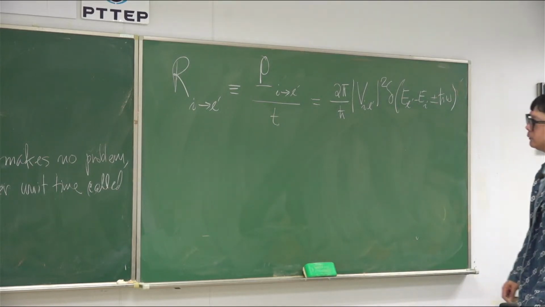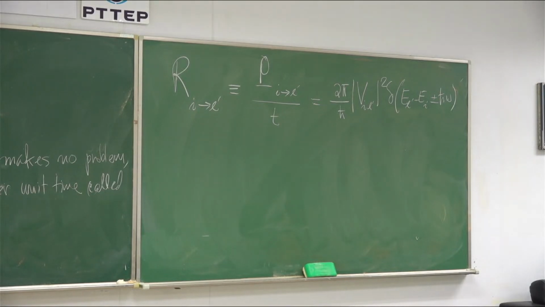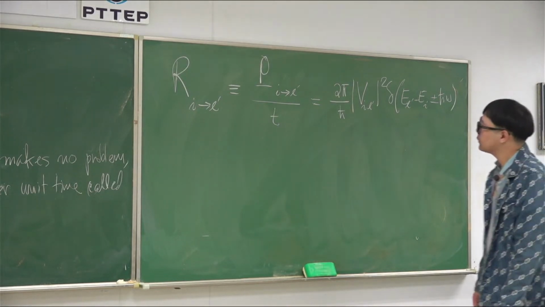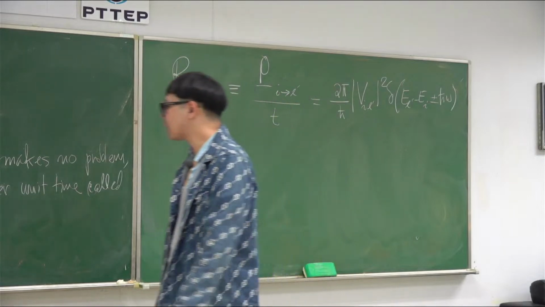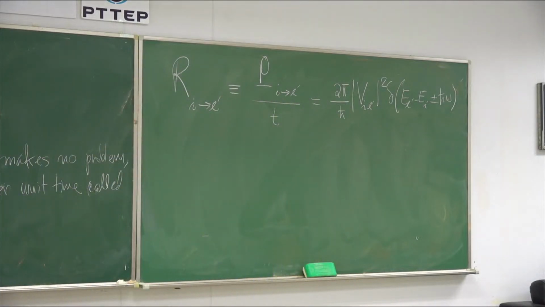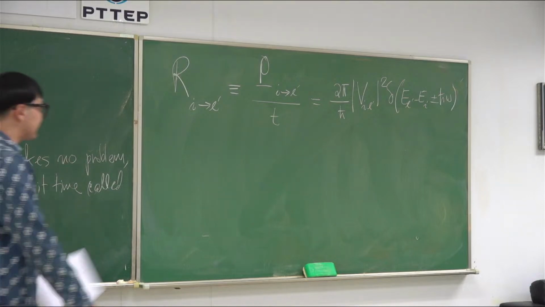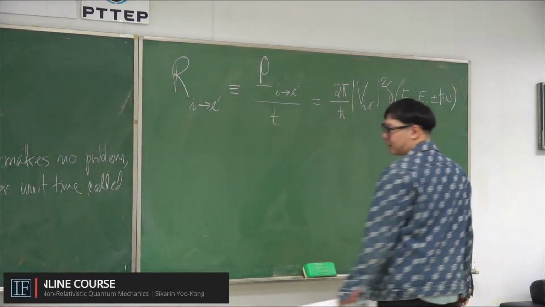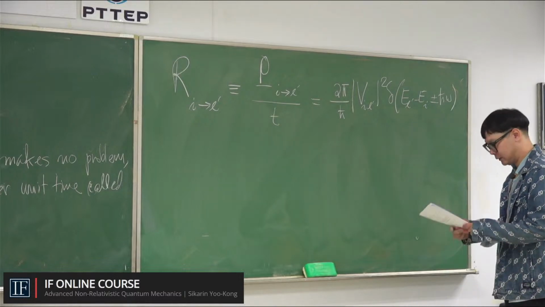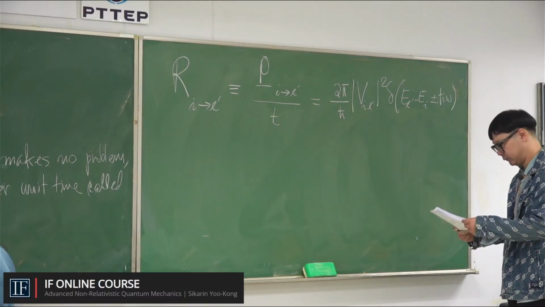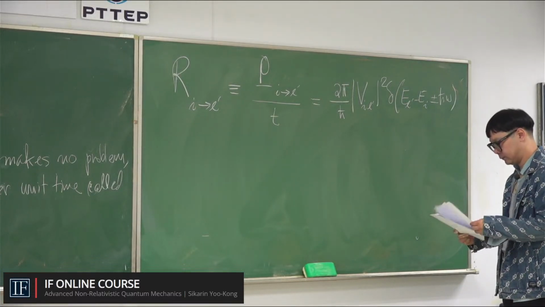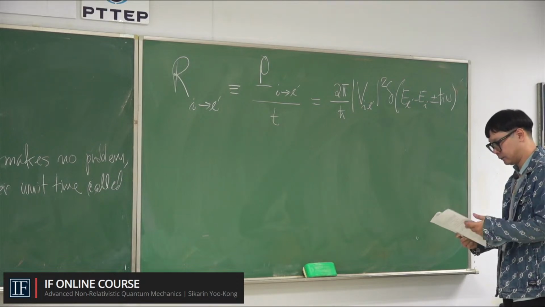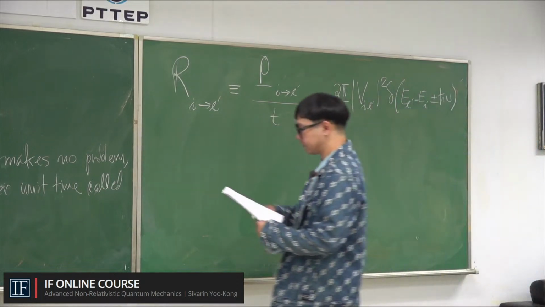Now, it doesn't depend on time anymore, right? So it doesn't matter what kind of limit on t you consider, you will get this, the rate of transition, right? Okay.